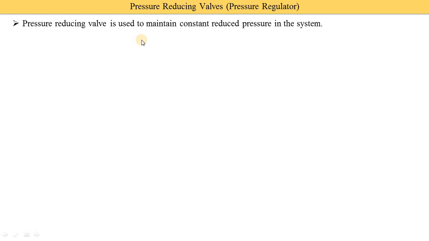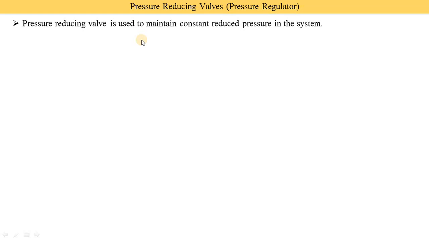So then you think, what is the difference between a pressure relief valve and a pressure reducing valve? A pressure relief valve is used to relieve the pressure and then supply the oil back to the tank, means the outlet of the pressure relief valve is connected with the tank. But in a pressure reducing valve, the outlet is connected with the system, means the oil coming out from the pressure reducing valve goes to the system.